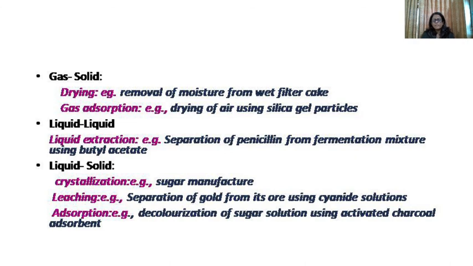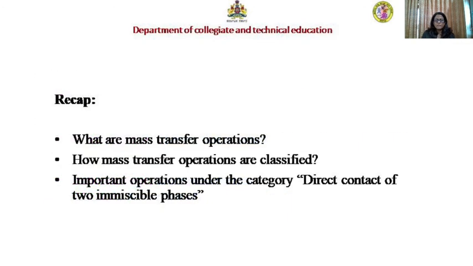We'll discuss the other categories of mass transfer in the next session. Let us have a quick recap of what we discussed today. We initially learnt what mass transfer operations are, the importance of mass transfer operations, and how mass transfer operations are carried out.